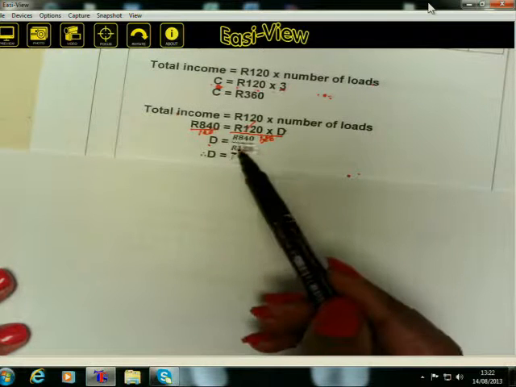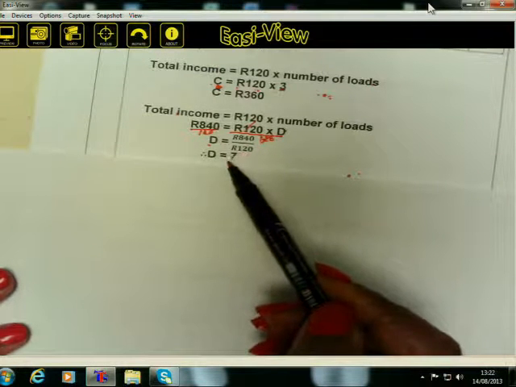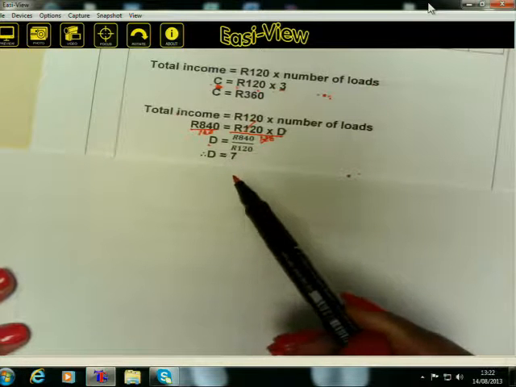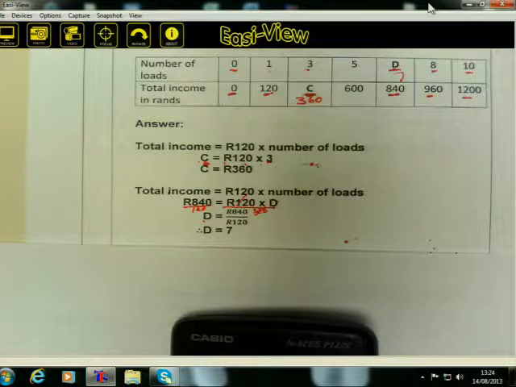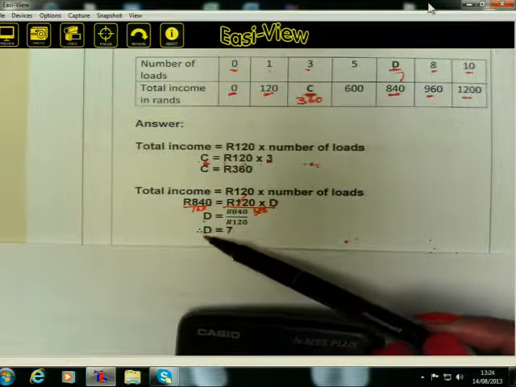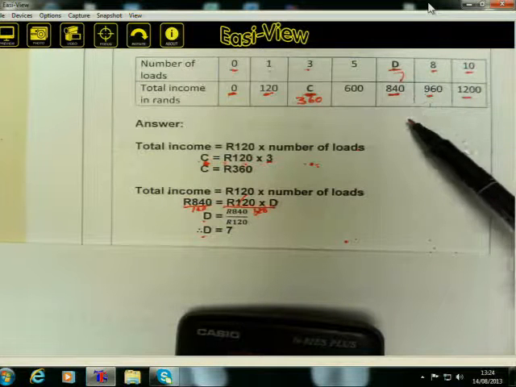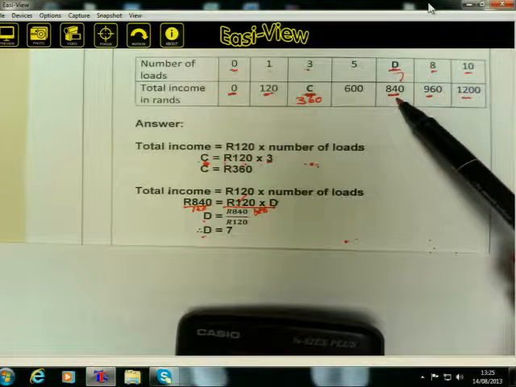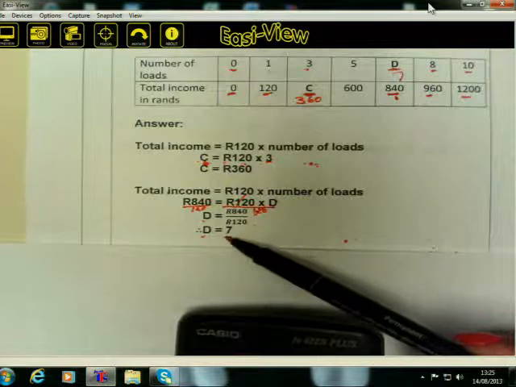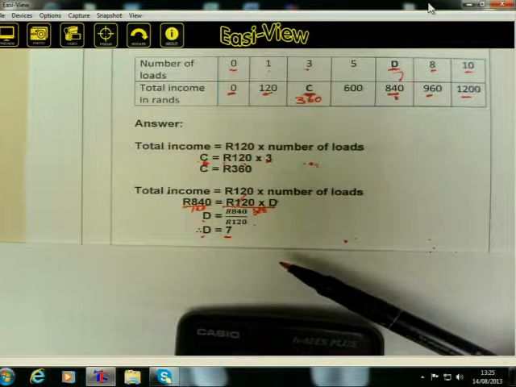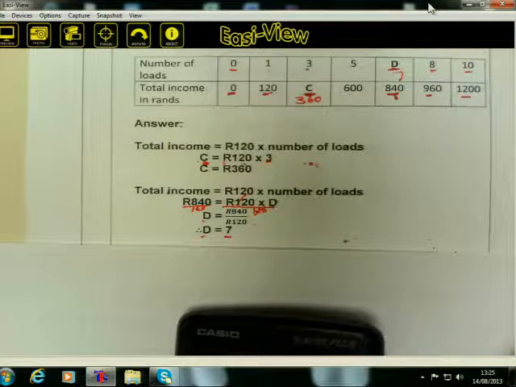If you divide 840 by 120, you get 7. Meaning, Pakiso must have 7 loads. Remember, we are calculating the value of D, where we are finding the total number of loads if the income for Pakiso was 840. With the formula, we managed to find 7 as the number of loads that Pakiso must have in order to have an income of 840.